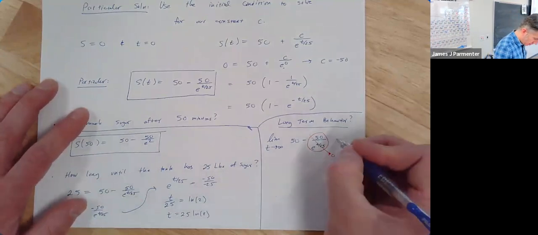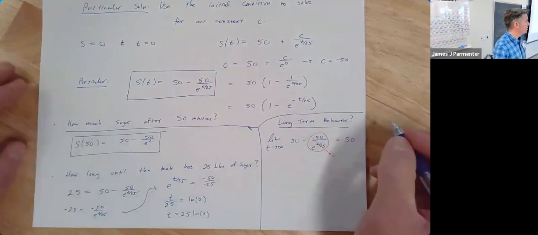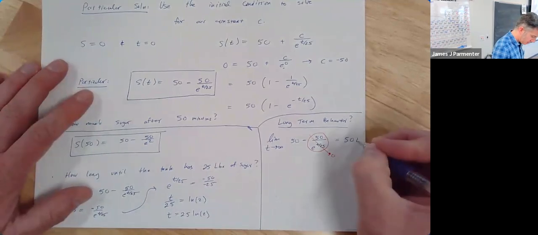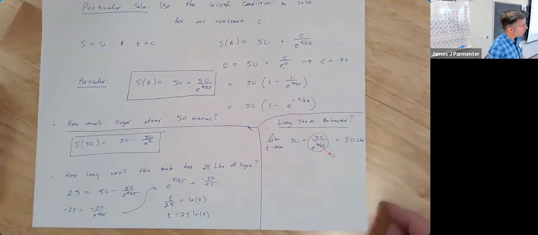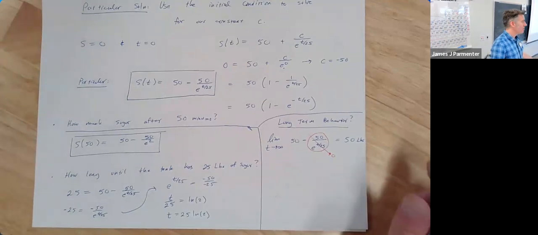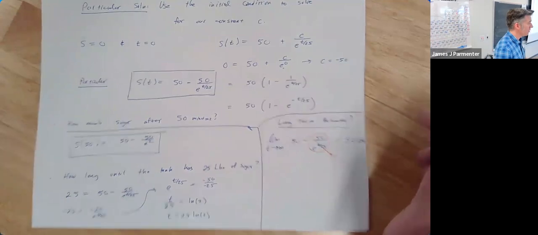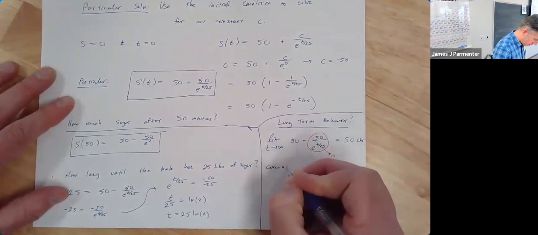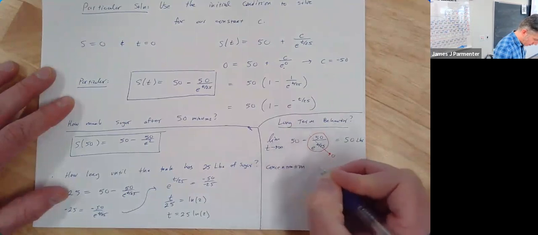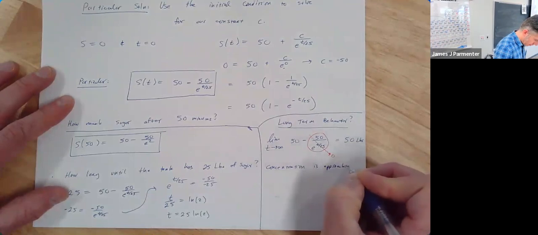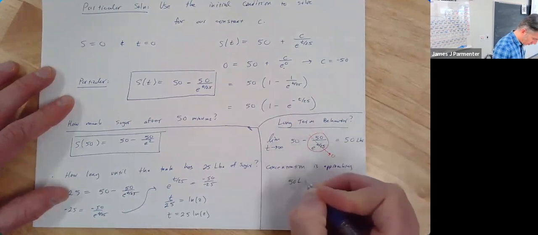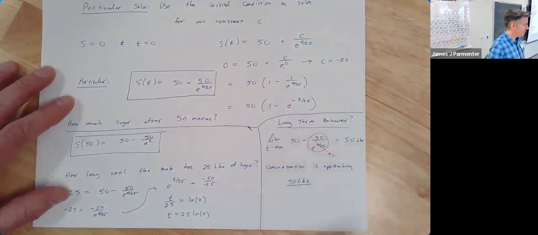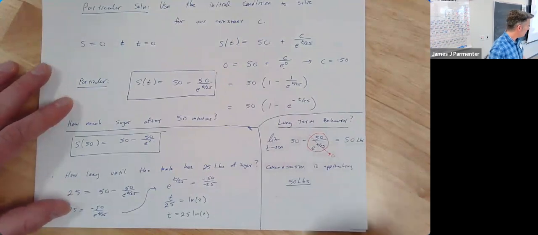So the amount of salt in the tank is getting closer and closer to 50 pounds, which might not seem that interesting until you realize that it means the concentration in the tank, the amount divided by the volume, is approaching 50 pounds of salt, sugar, I keep wanting to say salt, divided by, how big was the tank?